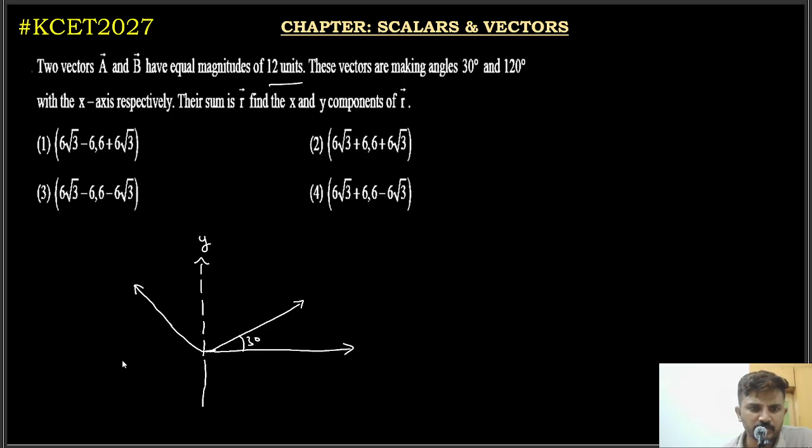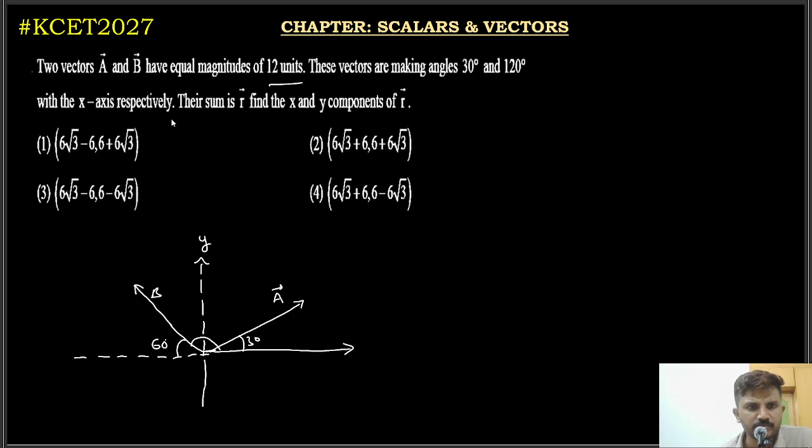So it is making 120 degrees with the x-axis. 120 degrees with the x-axis means 180 minus 120 is 60. So this is vector B. A and B are having the same magnitude.